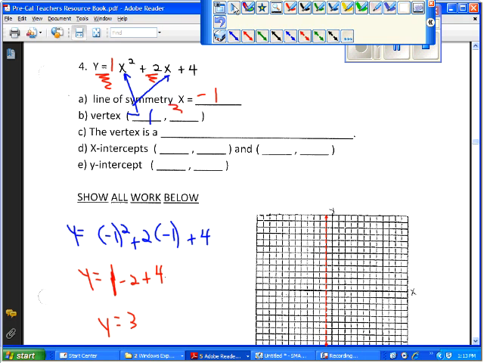And so the y of my vertex is 3. So I can plot my vertex at negative 1, up 1, 2, 3. We'll let you catch up with the work there. Any questions on what we're doing?